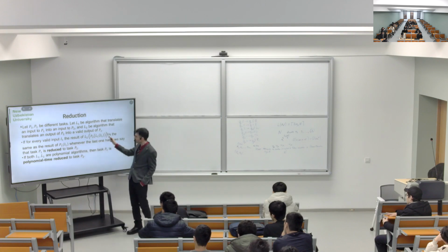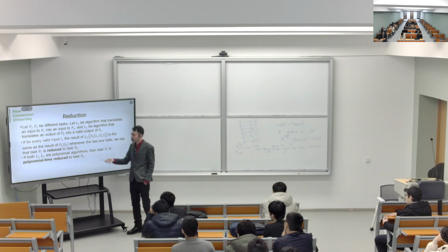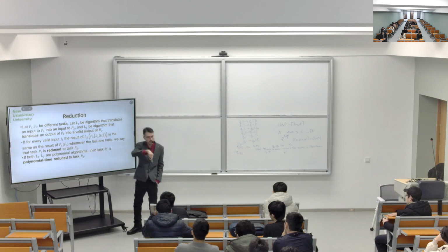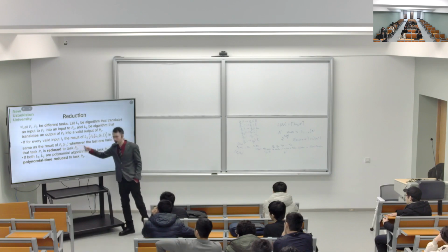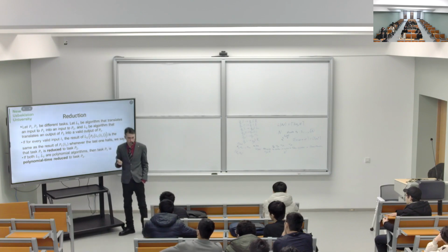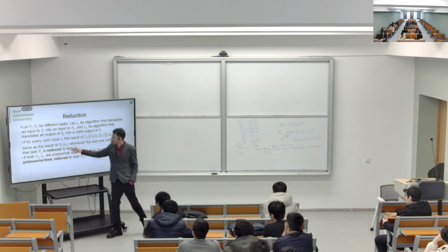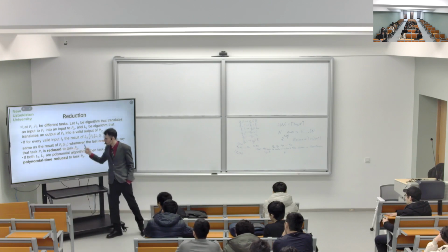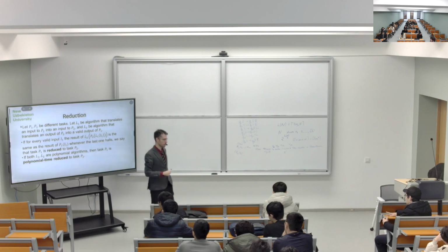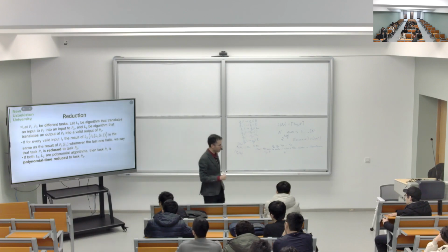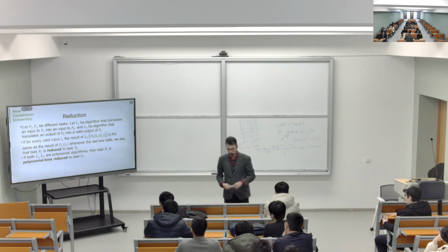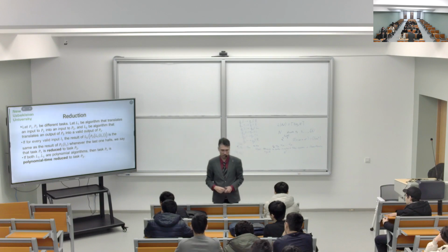So we translate it to the input of P2, solve problem P2, translate the output back, and if the answer is the same answer we would get if we just solved problem 1, we can say that we can reduce P1 to P2. So there are some ways, for example, to use this. It's not very complicated.